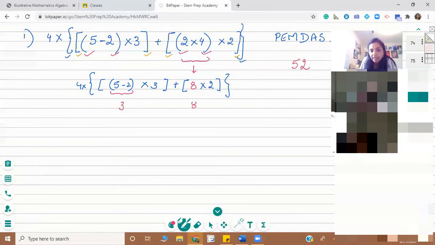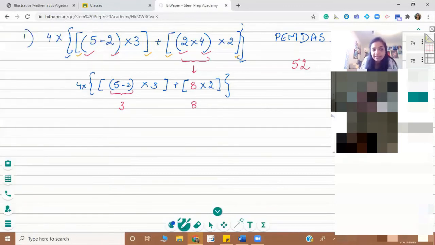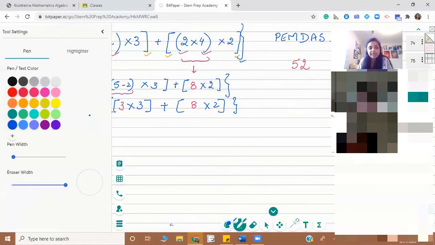And I have 8 over here because I have to change the color of my pen. That's why I'm writing it like this. So now I'm left with 4 times this bracket, this bracket, okay, plus this one times 2 and this one. Adhav, up till here, are you clear, beta? Yes, we have solved the innermost brackets.